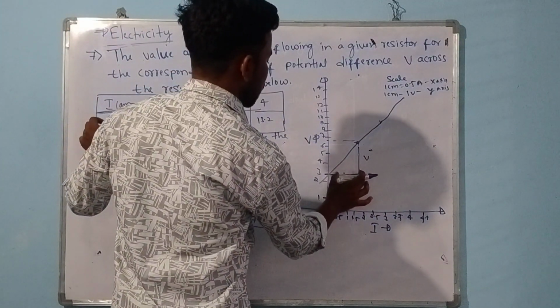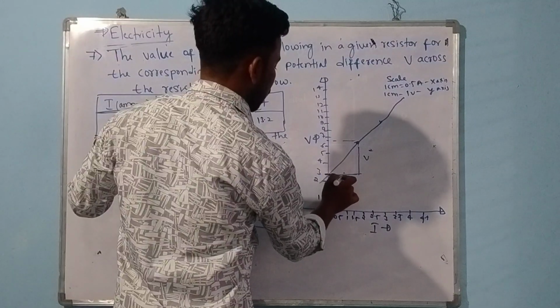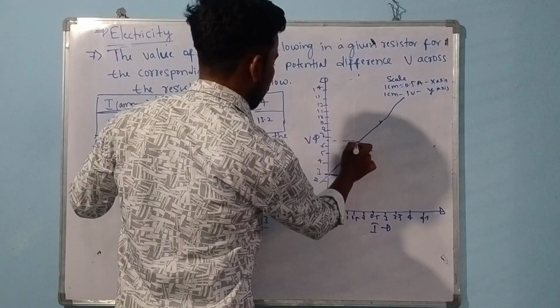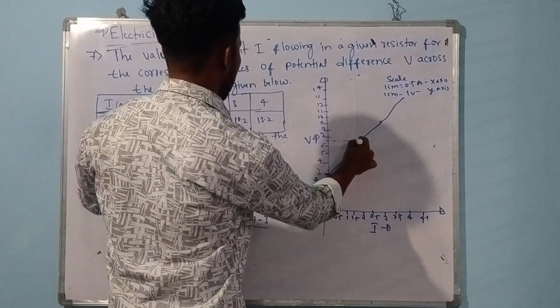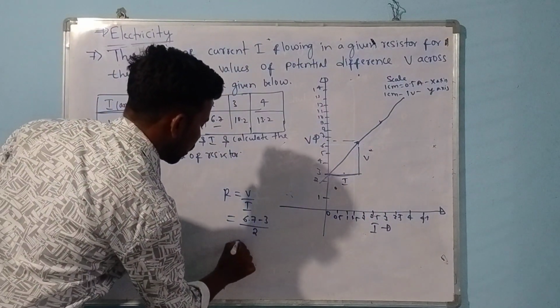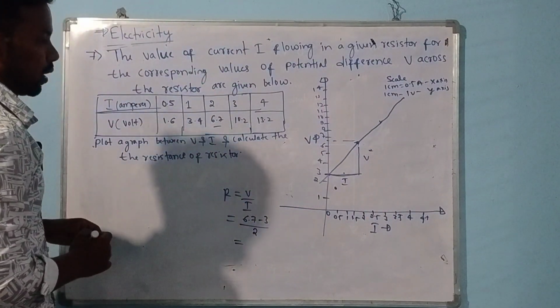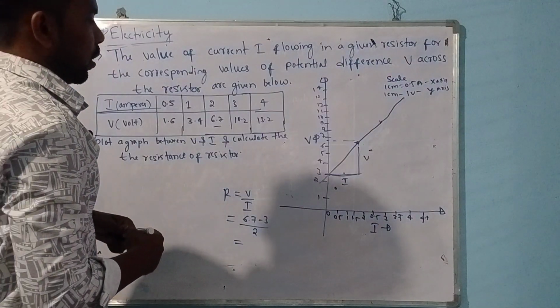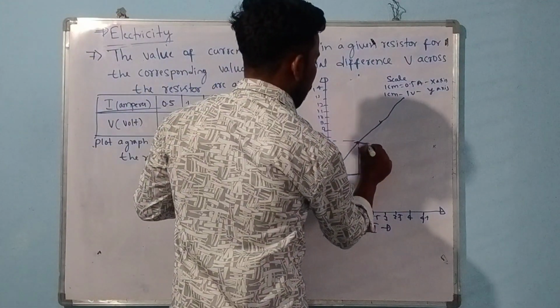Here the difference becomes 3.7. Let's check otherwise here as well.